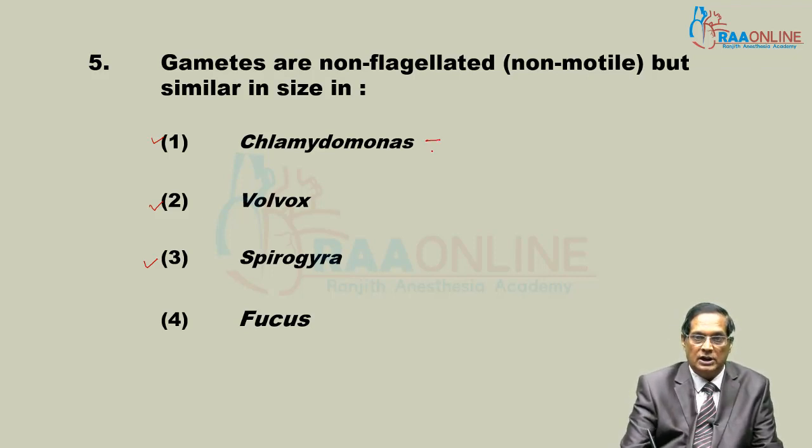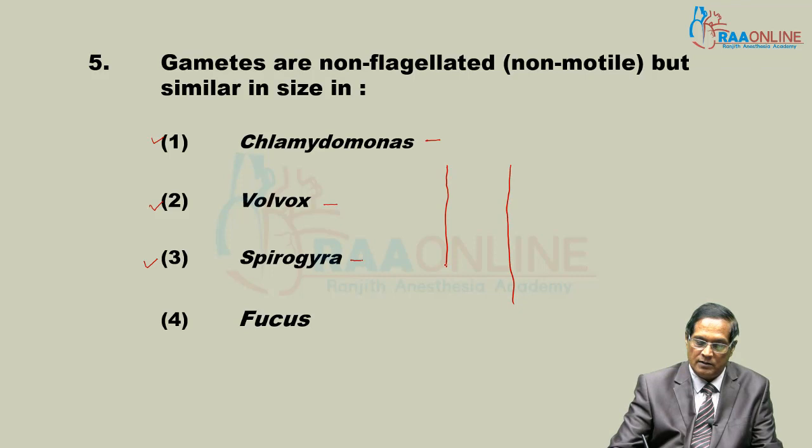In Chlamydomonas motile, in Volvox motile, but in case of Spirogyra, when we see a Spirogyra filament, it is a multicellular filamentous green alga, and this is one cell.